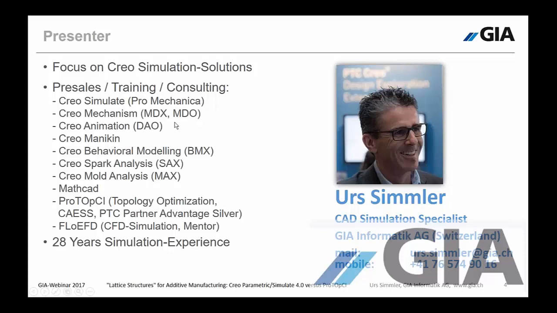I have about 28 years of simulation experience in the field, and 20 years of that experience comes from PTC. I was working there as an application engineer, mainly with Pro/Mechanica, Mechanism, and all the tools up here.